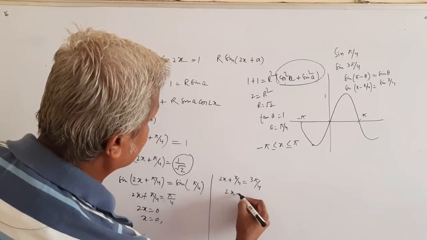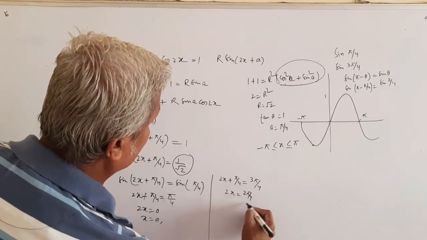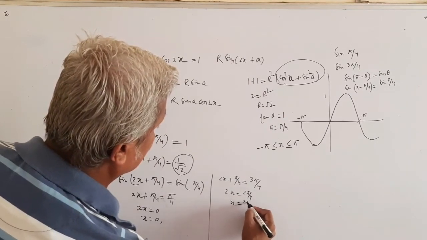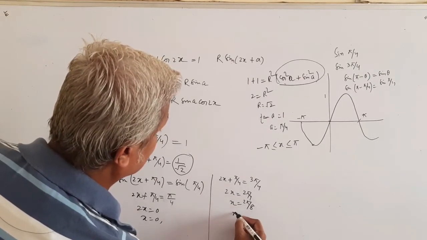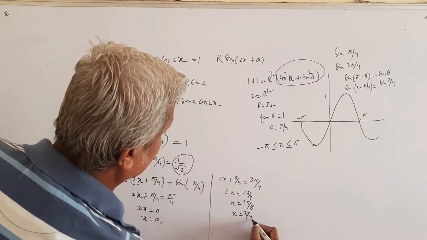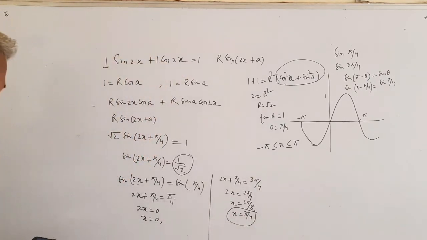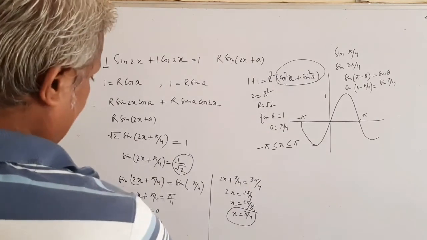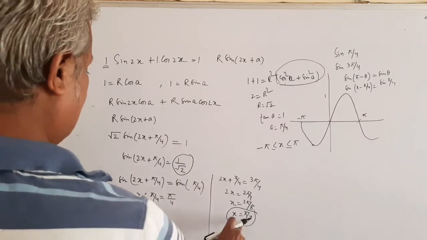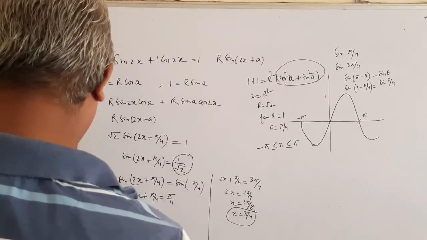So the 2x is 2 pi by 4. Therefore x equals 2 pi by 8. So x is pi by 4. So you are getting two values. One value is 0. The other value is pi by 4.